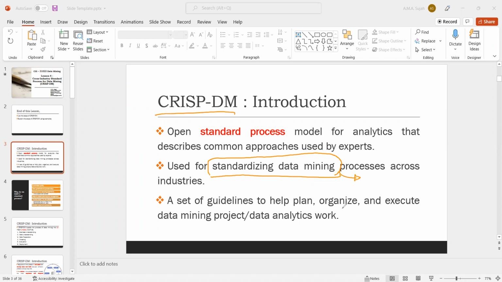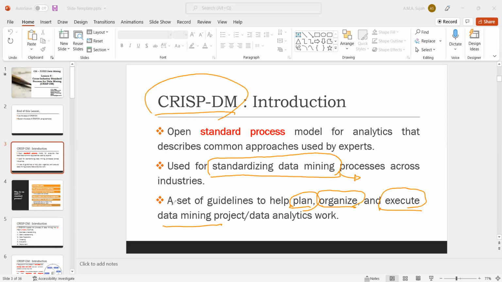Okay. It helps guide our plan and organize the work, how we can execute data mining projects. These are some benefits. We can easily plan whenever we apply these data mining standard processes. Also, we can easily organize the data, easily execute the data mining algorithms, and also analyze the work.